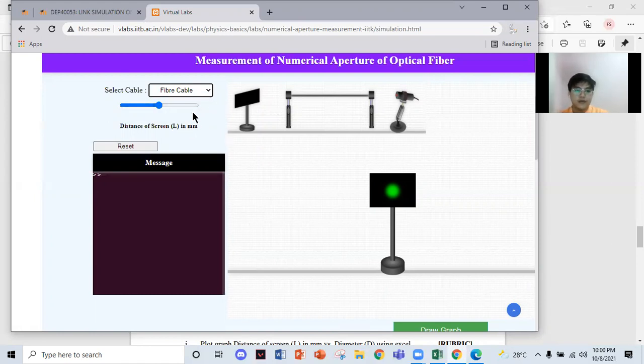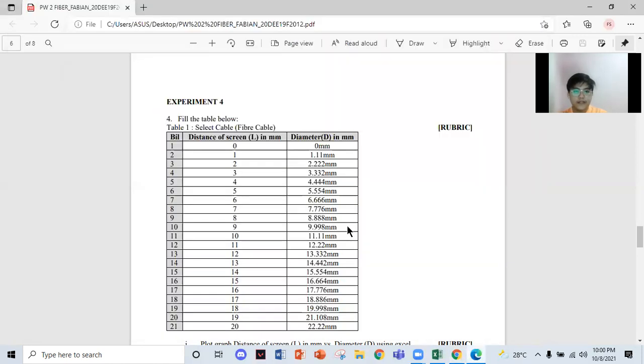Okay, for the fiber cable, here we are asked to fill in the answer in these blanks. If the distance on the screen in millimeters is 0, what is the diameter? So we just pick one randomly.